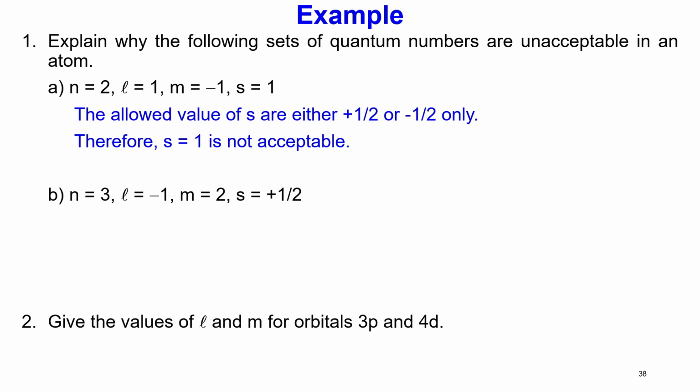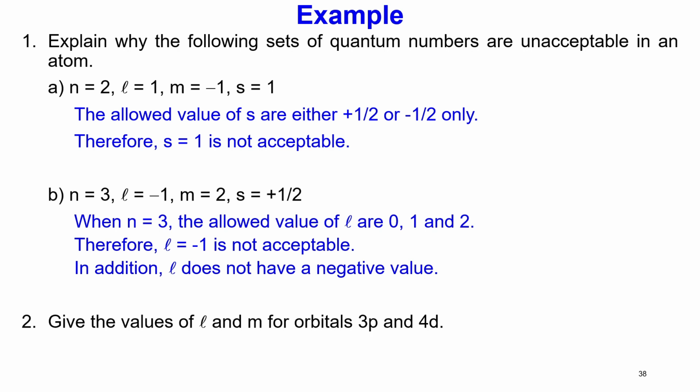Okay. B. n is equal to 3, L is equal to negative 1, magnetic is equal to 2. Okay. And spin is equal to positive half. Okay. So, boleh ke tidak boleh? The answer is when n is equal to 3, the allowed value untuk L is only 0, 1 and 2. Therefore, okay, L negative 1 is not acceptable.